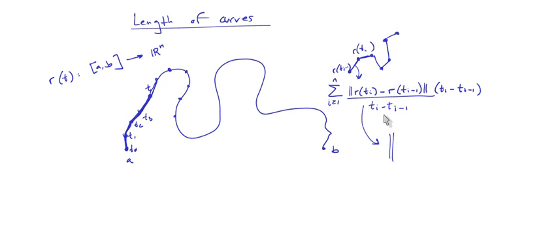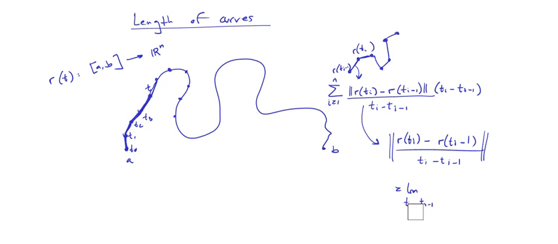This is a number, so we can divide a norm by a number, and this is the same as the norm of this vector. Now, what is this? If we take the limit when ti and ti minus 1 are very close together, this is just the derivative.